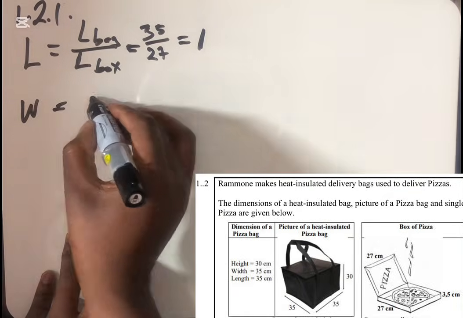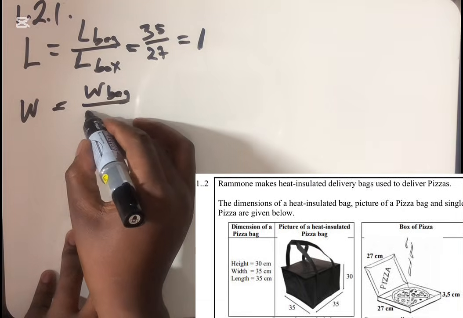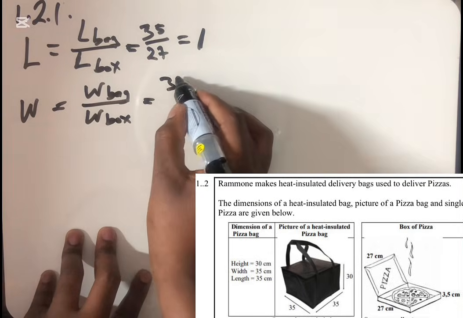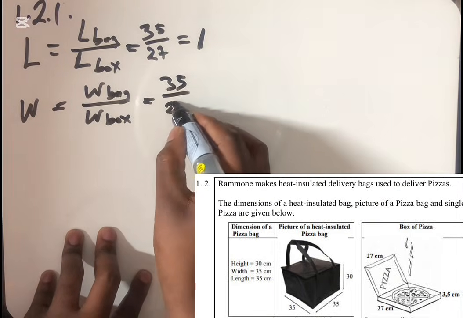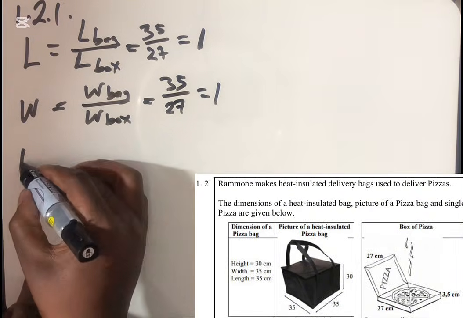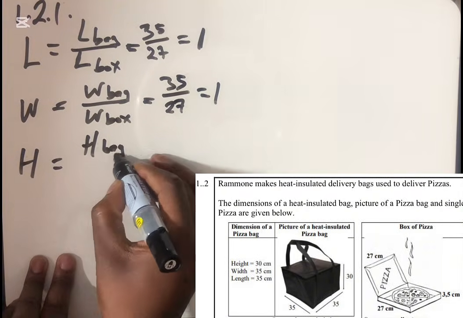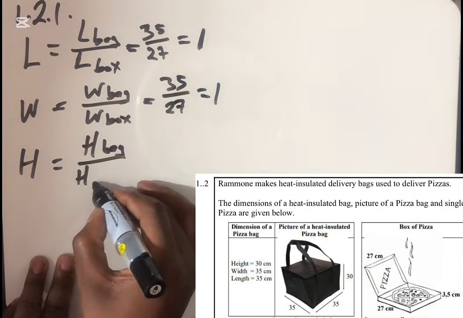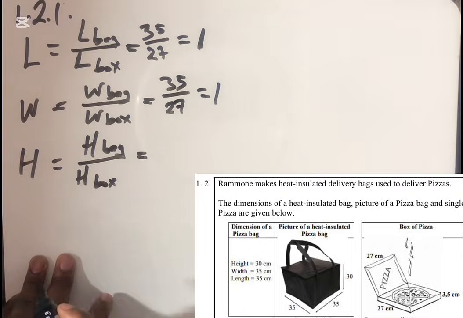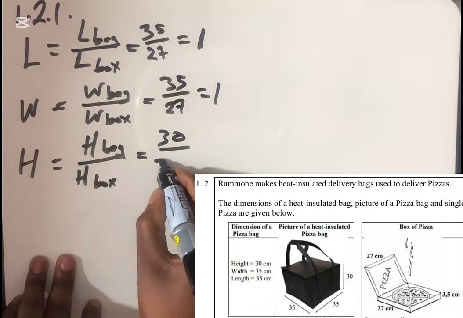Width: the width of a bag divided by width of a box. 35 divided by 27. The answer is 1. In respect of height, we have the height of a bag divided by the height of a box. Height of a bag is 30, of a box is 3,5.